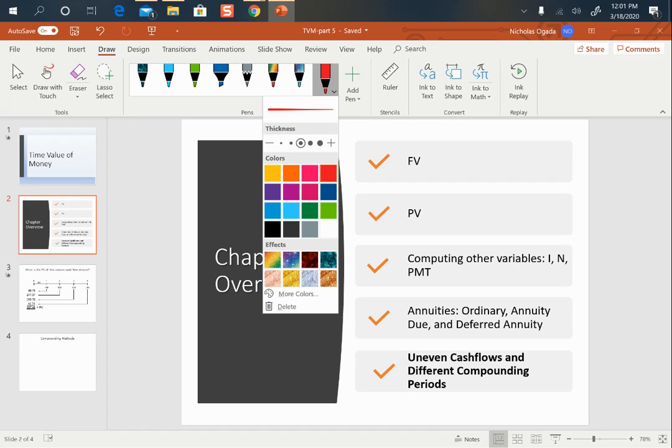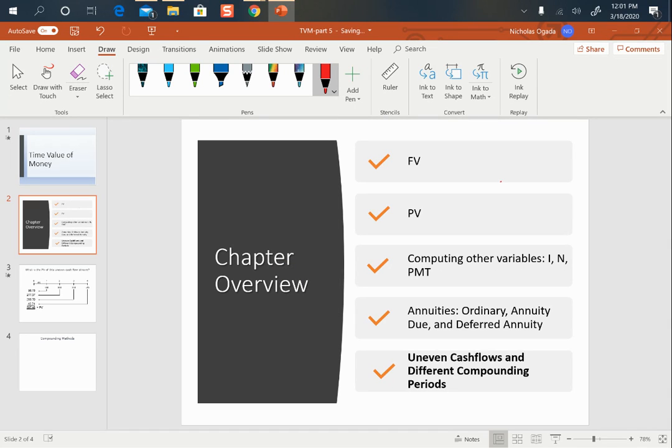So we've been talking about 4% per year and compounding being done on a yearly basis. What if the compounding is on a quarterly basis, or on a monthly basis or a semi-annual basis? How do you go about determining the future value or the present value?